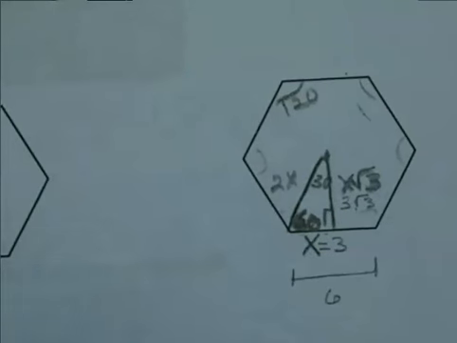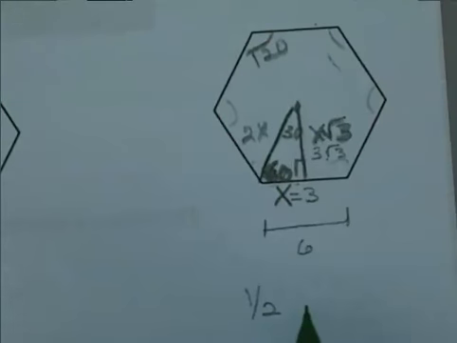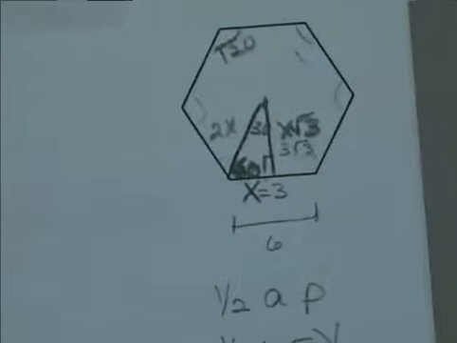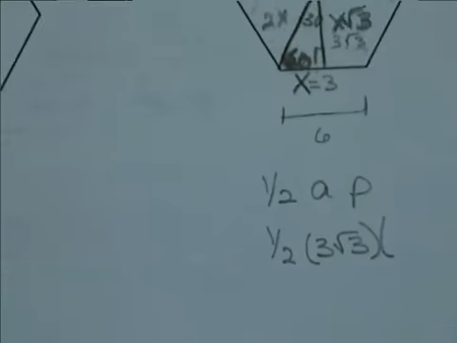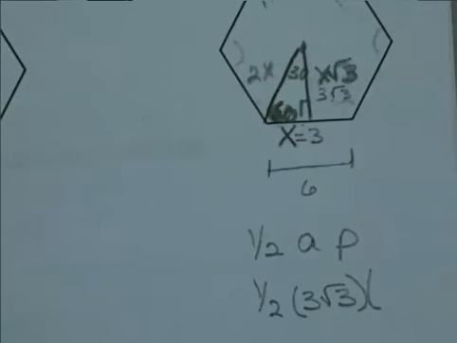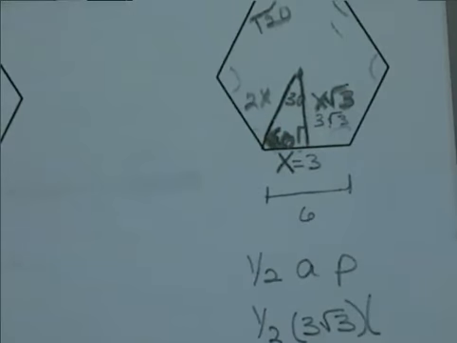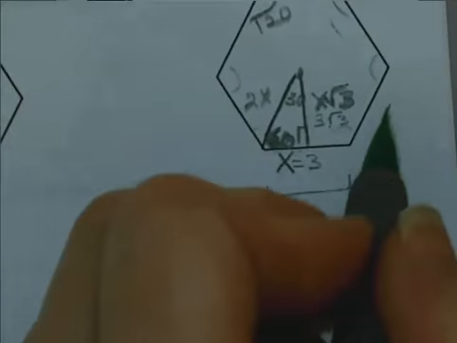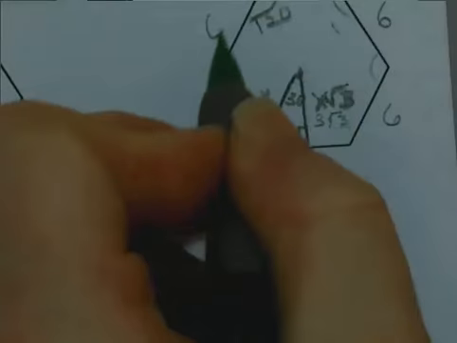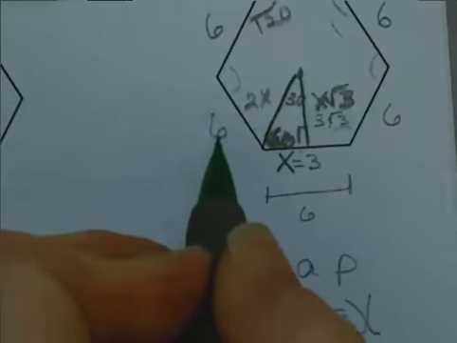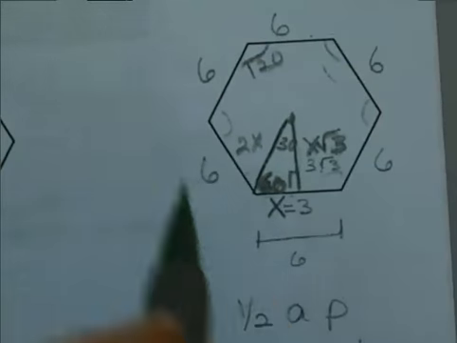So let's use our formula, 1/2 AP. So we have 1/2. Your apothem is 3 square root of 3. Now, what is your perimeter, all the way around this thing? You've got 6 times 6 is 36.